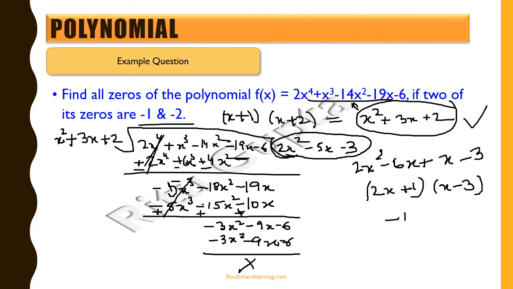So we can say minus 1 by 2 and 3. These are the remaining two zeros of the given polynomial. So this is how the division algorithm of the polynomials is used to solve questions of this nature.